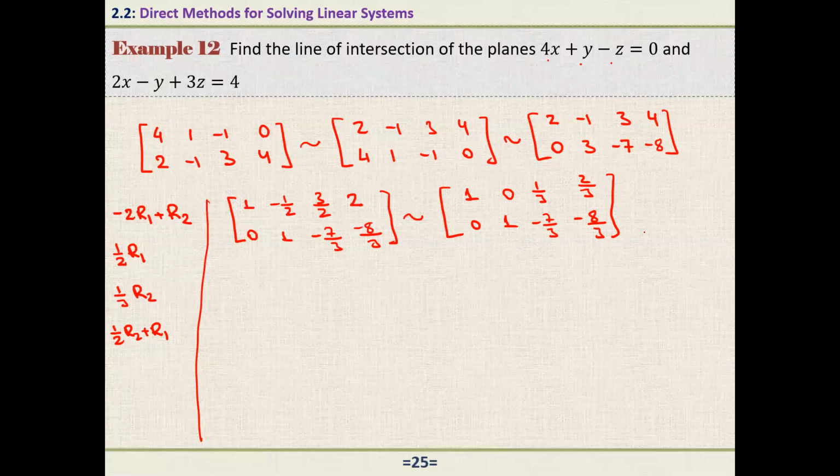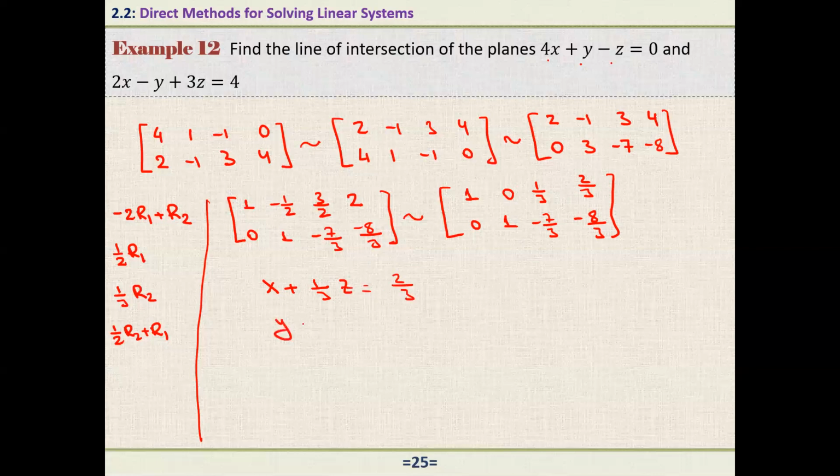Now we cannot simplify this further. As you see here, we have 3 variables, x, y, z, and here we have only 2 equations. So we will have one independent variable, a free variable. If you just write the equations here, x plus 1 over 3 z is equal to 2 over 3. And how about the second row?